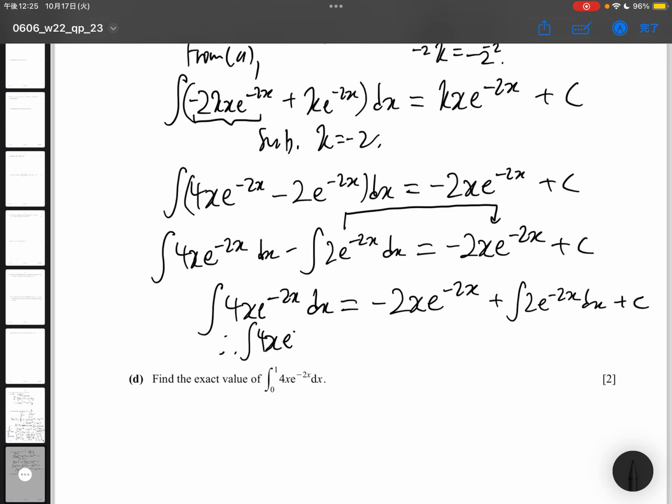So the integral of 4x e to the power negative 2x dx will be equal to negative 2x e to the power negative 2x. So if I want to integrate this one on the other side, it will be plus 2, and then I'll put 1 over negative 2 e to the power negative 2x plus c.